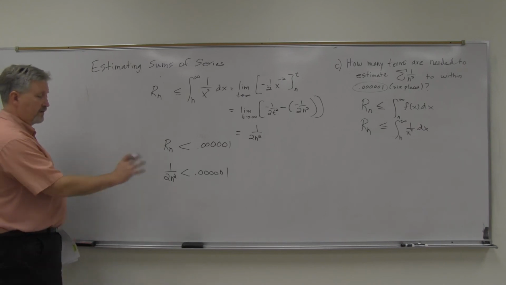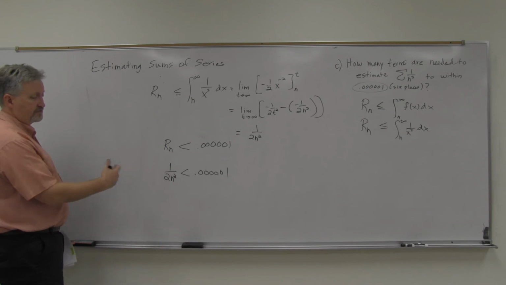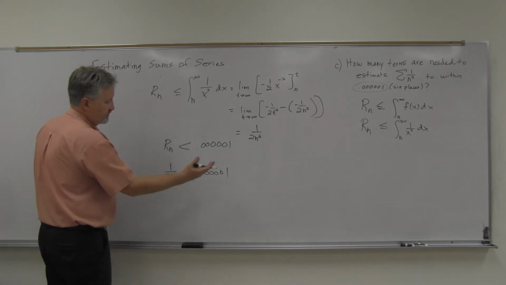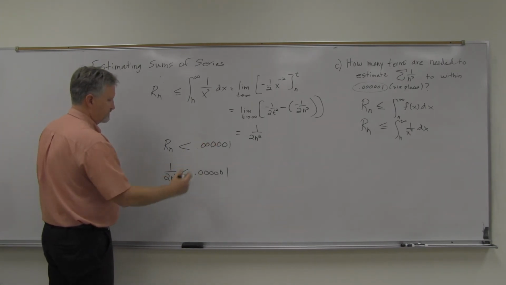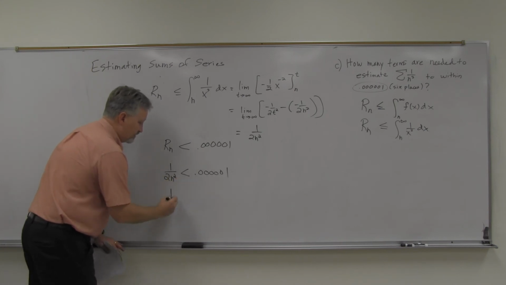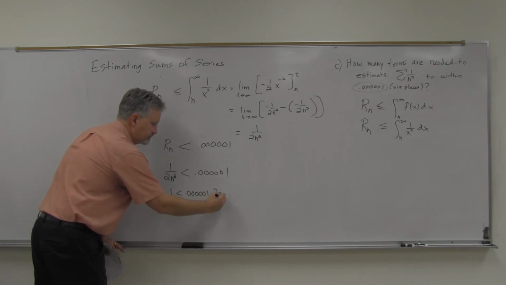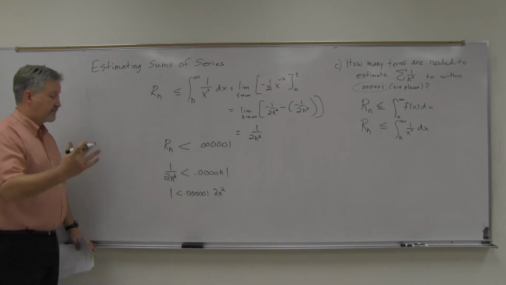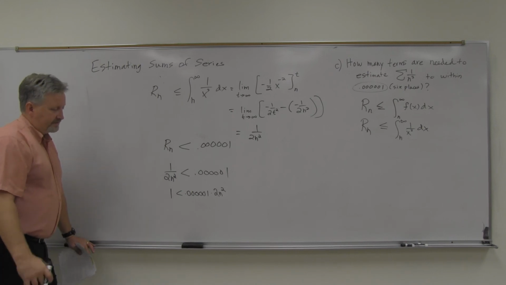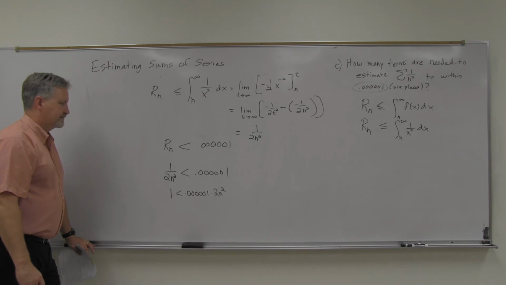The only thing on these inequalities you have to be careful with is multiplying by a negative, but n here is going to positive infinity, it's positive, so if I multiply both sides by 2n squared, and it's squared too, but it doesn't matter the power, it'd still be positive because it's positive numbers.